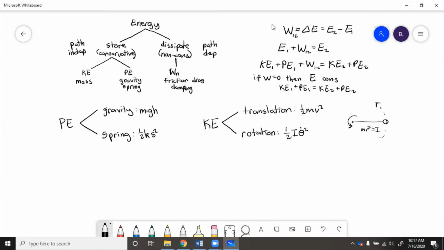So that energy would be 1/2 mr squared theta dot squared. But we know that v equals r times theta dot. So this just comes out to be 1/2 mv squared, which is that translational energy anyway.